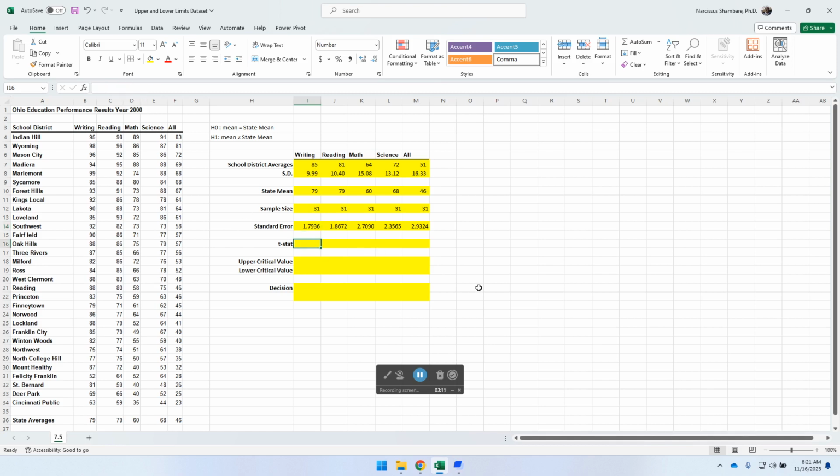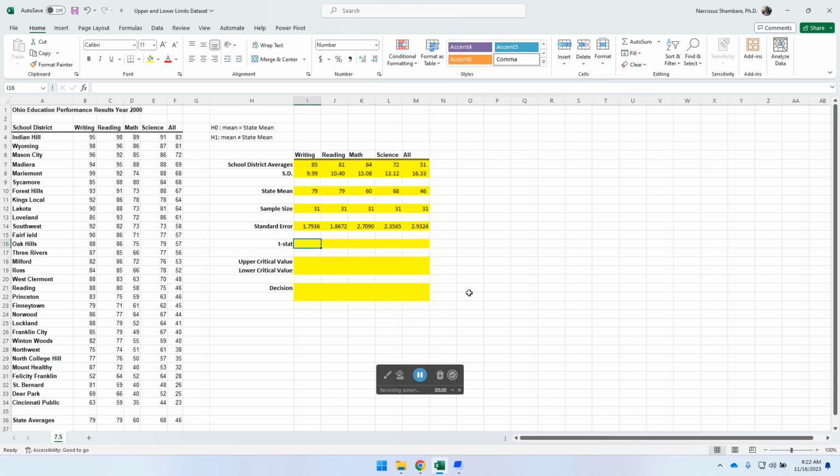Now we can move on to the t-statistic. It's important to understand the difference between the t-statistic and the critical value. The t-statistic is a numerical measure that helps assess the difference between the sample data and the population mean.